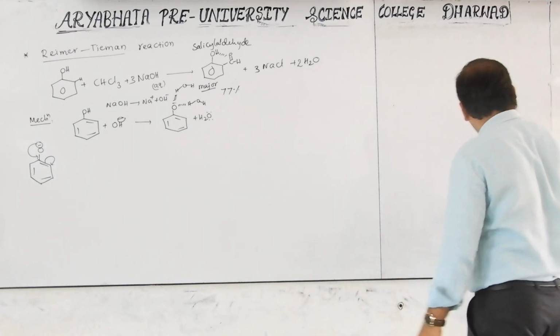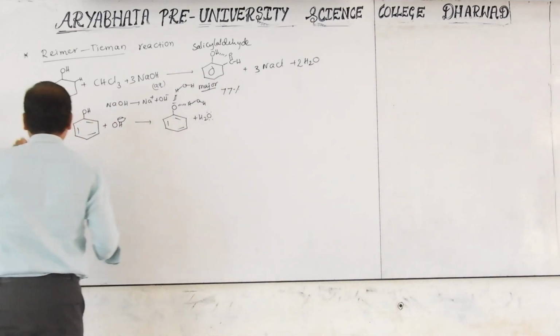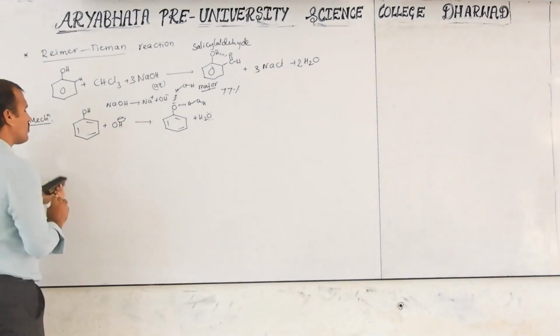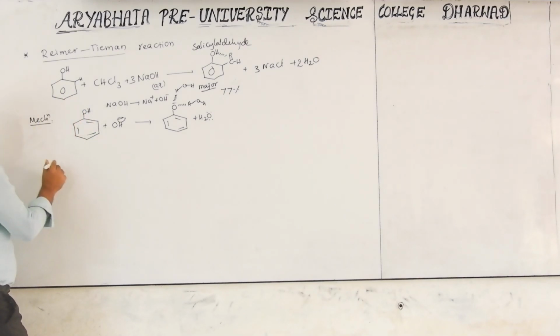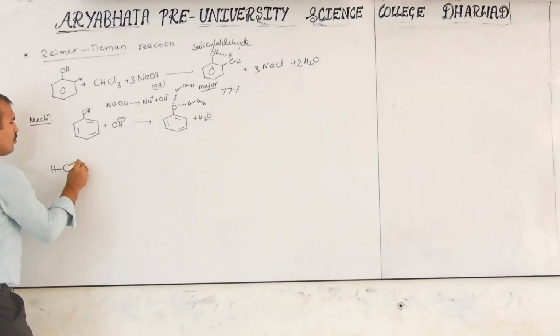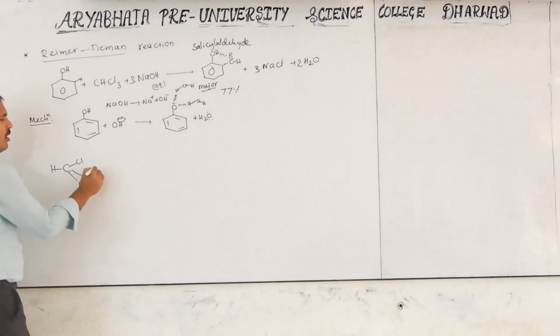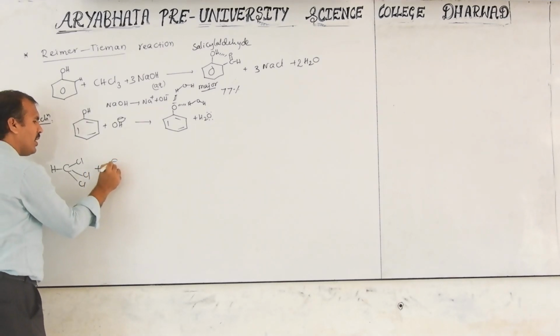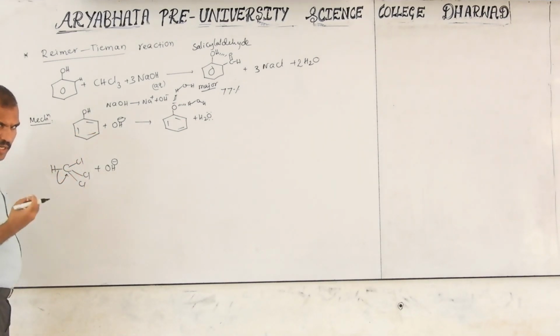So first we will get the electrophile from this chloroform. Now carefully observe. CHCl3, this is chloroform. OH minus, carefully observe, this will abstract the proton, which is called a base.